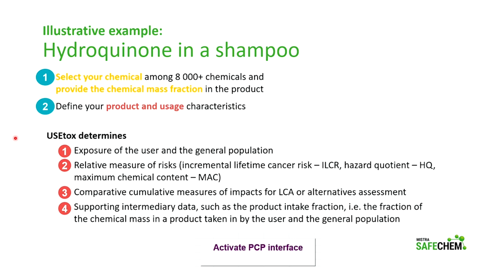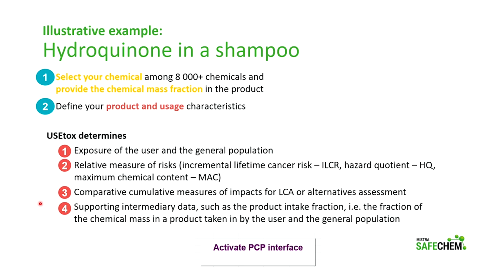And then you get different metrics for the relative measure of risks, so something like hazard quotients and incremental lifetime cancer risks, and also the output we usually use in the LCA world, the characterization factors, as a cumulative measure of impact. And you can also export some of the intermediary data, such as product intake fractions.